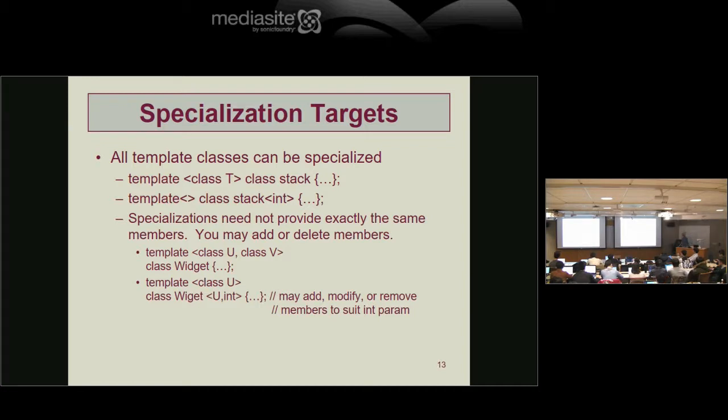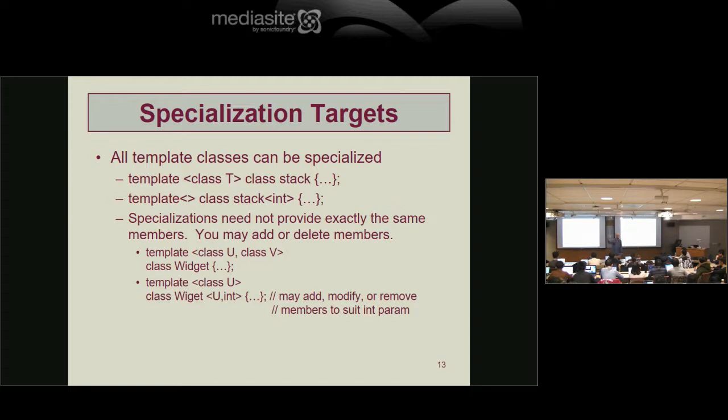Continuing then, all template classes can be specialized. So here's a stack class, templatized on T, and its specialization for ints is this way. Chances are you don't really need to do that. The generic one will work just fine for ints as for anything else. But should there be something about the integer type that you wanted to handle differently in the stack than in the generic one, if you make the specialization, the language guarantees that the compiler will pick the specialization in preference to the generic.